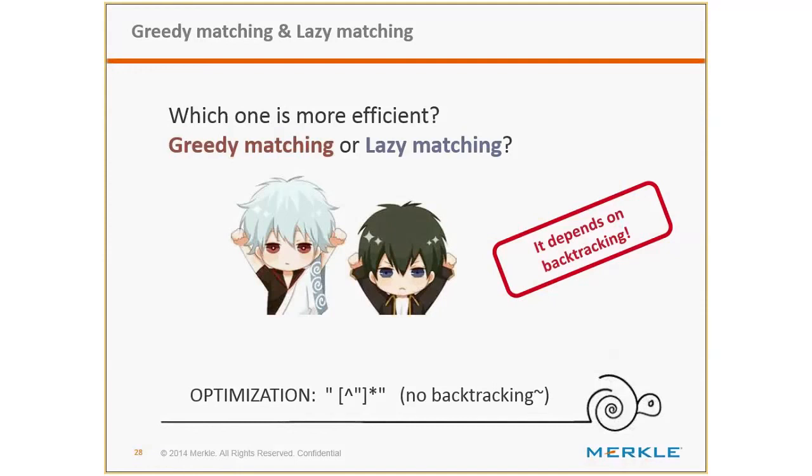Maybe it is the lazy matching, maybe it's the greedy matching. Only optimize it when you are meeting some efficiency challenge. Only in that case you can try to optimize it. But in normal case, the lazy matching is not that slow. It is almost the same as the greedy. Okay.